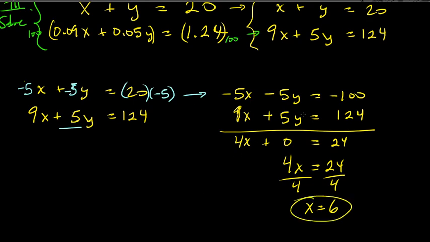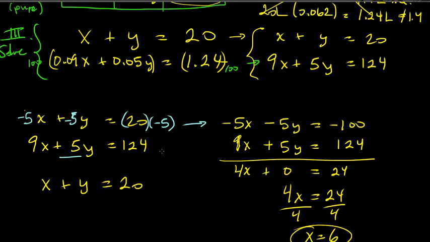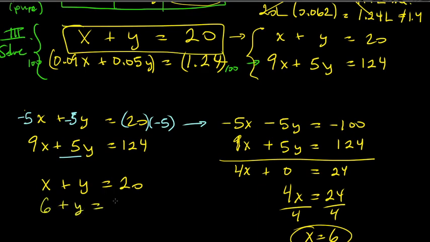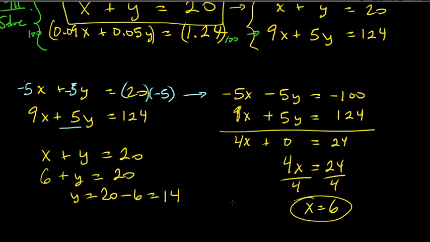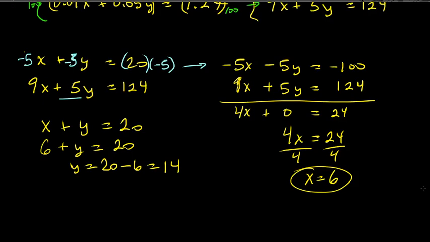Well, if x is 6, then we know what y is, right? Because x plus y equals 20. That was the original equation up here. But we know x is 6, so 20 minus 6 is 14. So x is 6, y is 14, right?